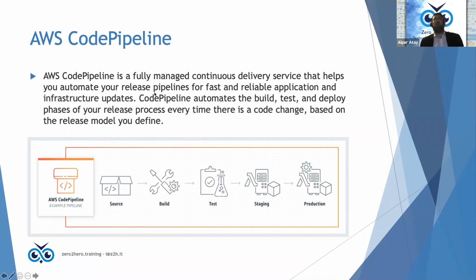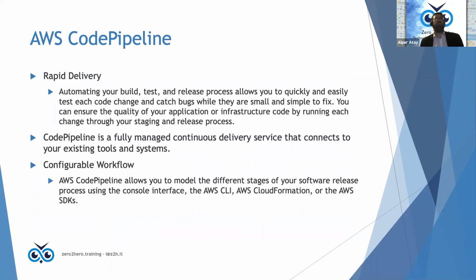AWS CodePipeline is a fully managed continuous delivery service, which helps you to automate your release pipelines, and it gets your source, builds it, tests it, and sends it to staging and production environments. It also integrates with Jenkins as well. So it allows you to do rapid delivery, automating your build.